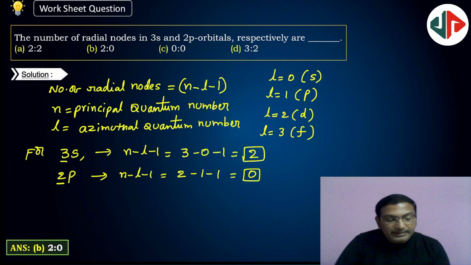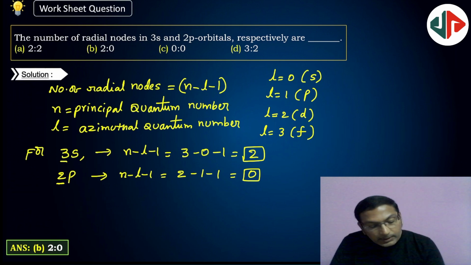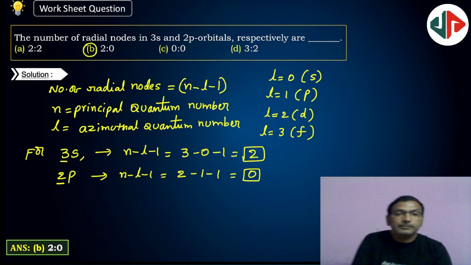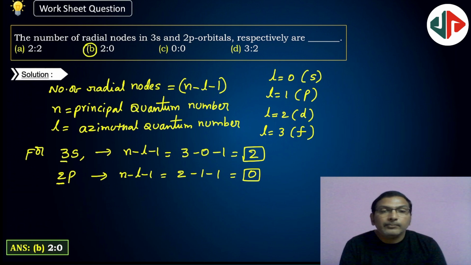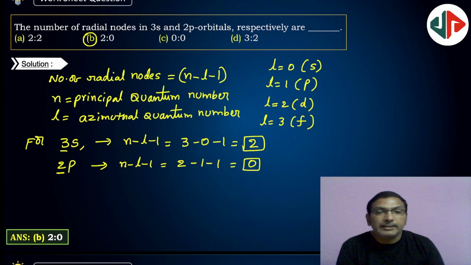So 2, 0 is the answer. That is option B. Next question.